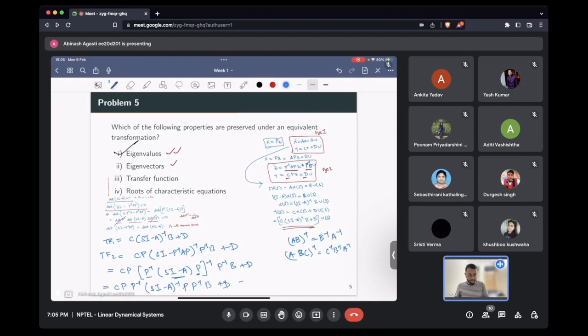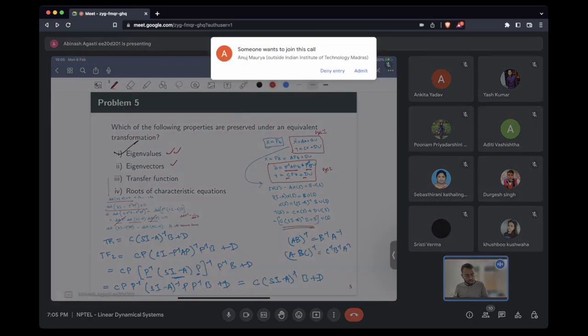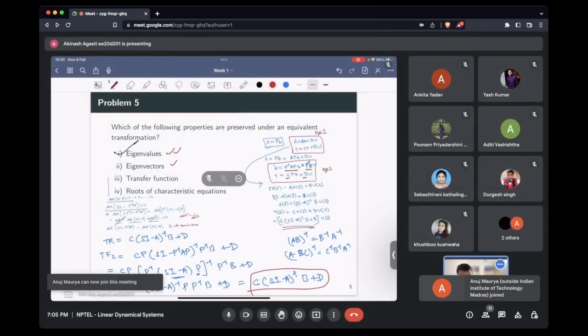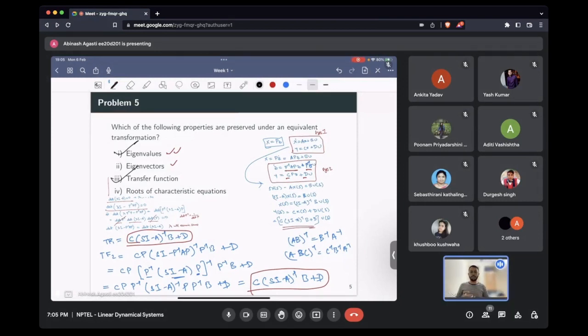Now this boils down very simply back to, but what is this? This is nothing but this transfer function itself. So we also see that the transfer function is preserved under such an equivalent transformation.